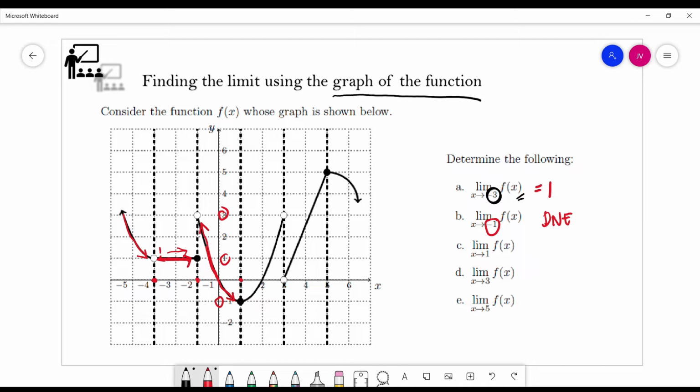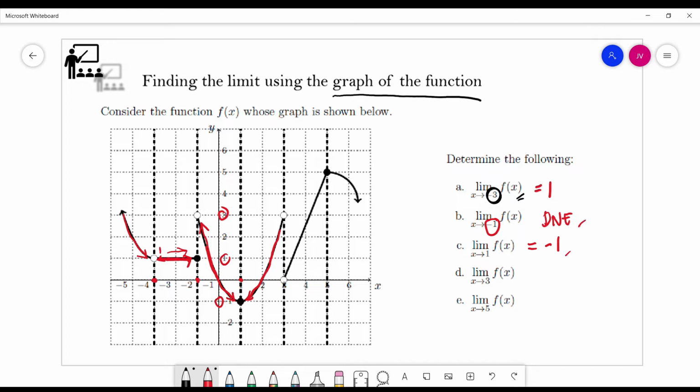And on the right side, we have here also approaching -1. So, ibig sabihin nito, the limit of our function f of x as x approaches 1 is equal to -1. Na-approach sila with the same value, and that is -1.